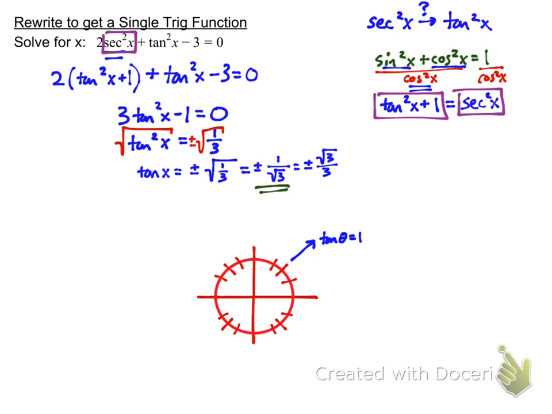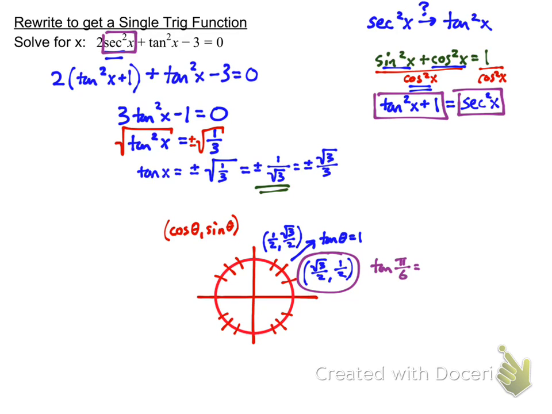Let's write down the points on either side of it. So root 3 over 2, comma 1/2, and 1/2, comma root 3 over 2. One of these, when we do sine over cosine, is going to give us 1 over root 3. Well, have you figured it out yet? Yes, it's going to be this one, because 1/2 divided by root 3 over 2 is going to be the same as 1 over root 3.